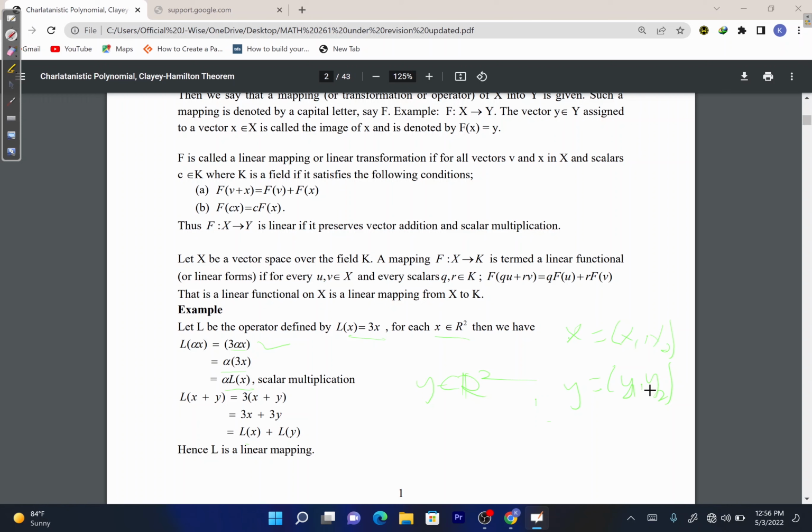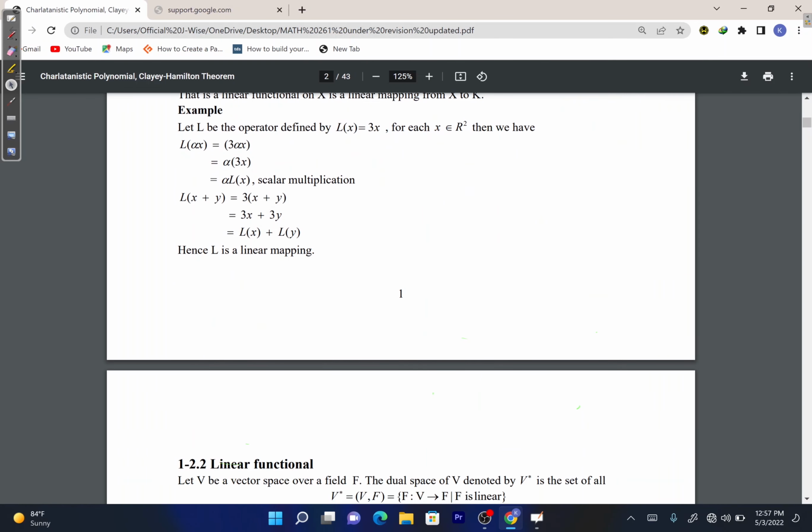From here we can expand the bracket, and we have 3x plus 3y. This is the same as L of x plus L of y. Therefore, since these satisfy both conditions, L is a linear map, or L is a linear transformation.